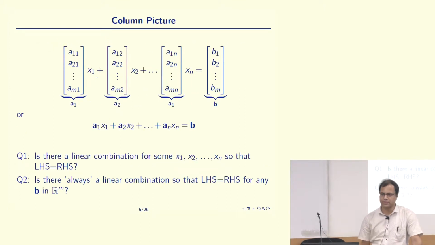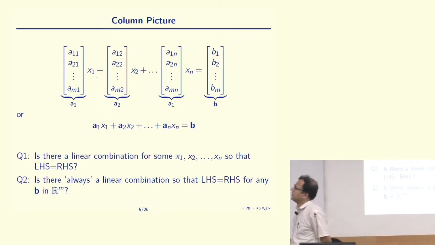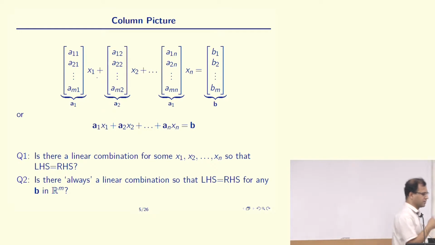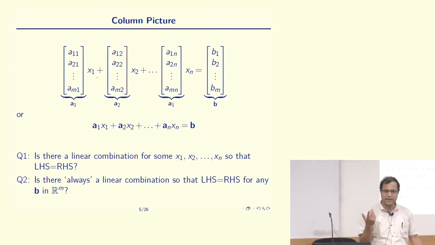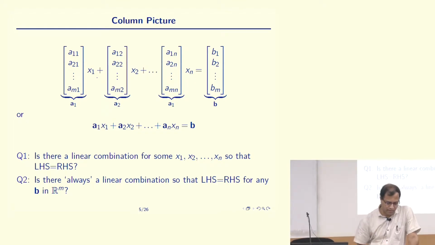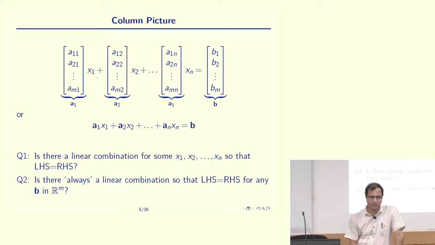So that's the column picture. So this is the most efficient way of understanding the nature of solution of this system of linear equations. So we can express the equation in this column form. So each of the columns I have denoted by this vector a1, a2 to an, right?